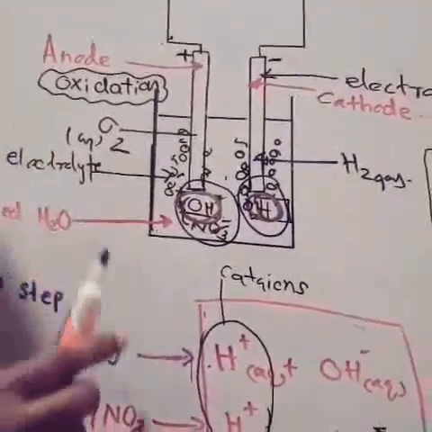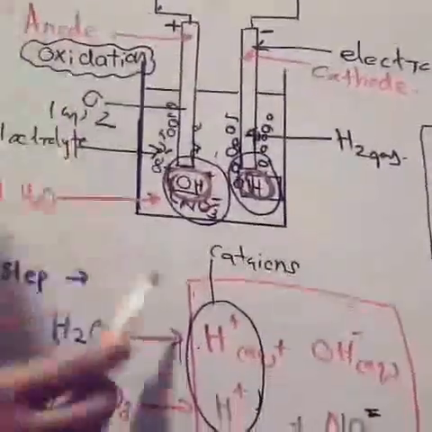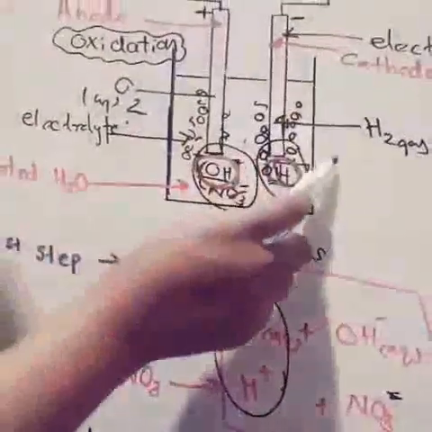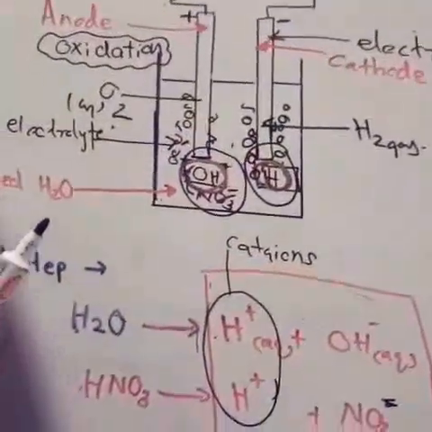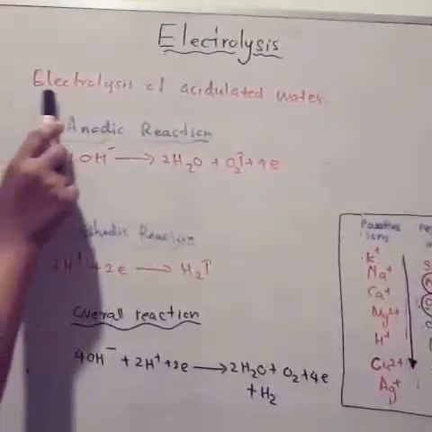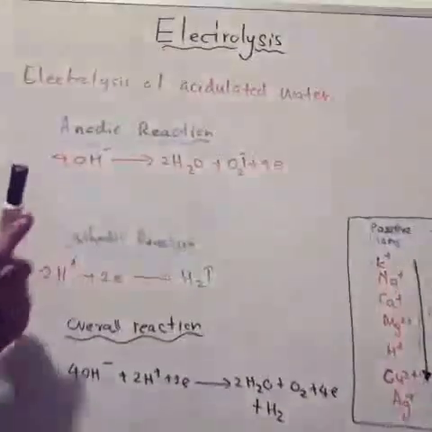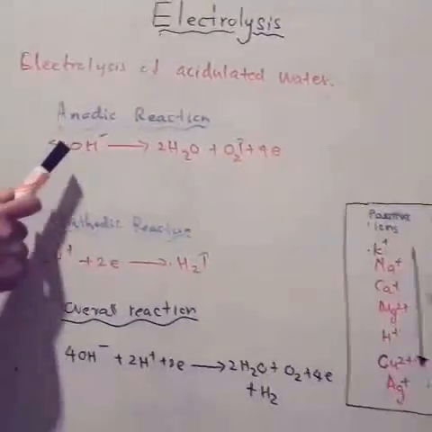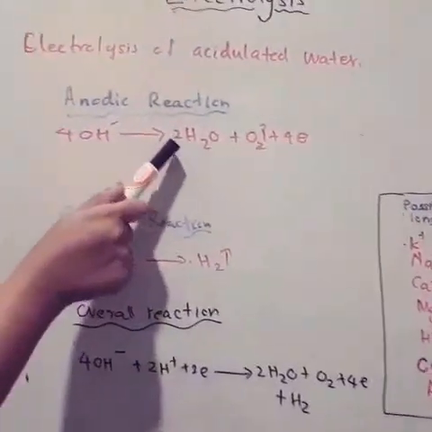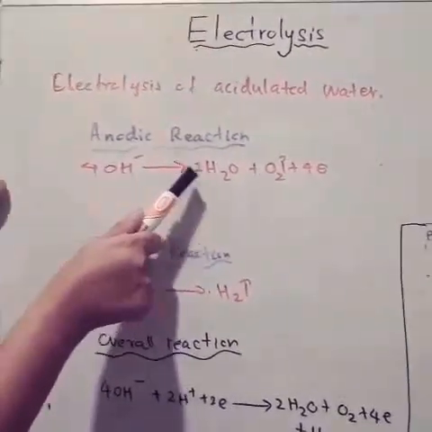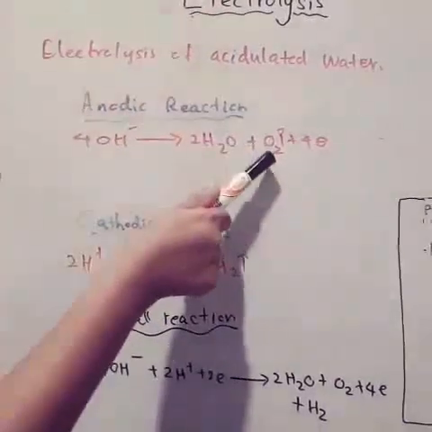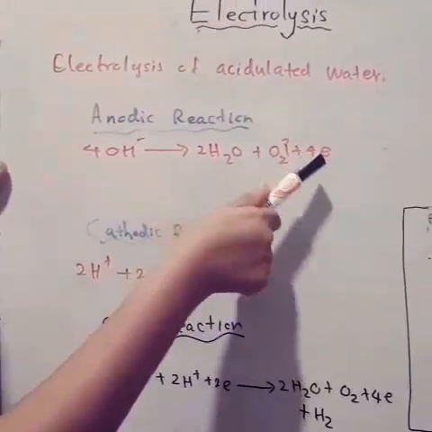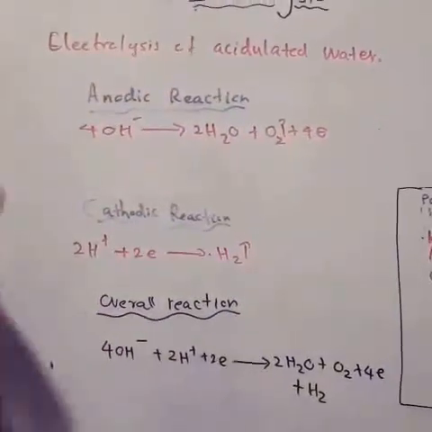That means the water is broken into oxygen and hydrogen finally. In the electrolysis of acidulated water, the anodic reaction was this. 4 hydroxide ions turn into 2 molecules of water, 1 molecule of oxygen and 4 electrons. This is an oxidation.